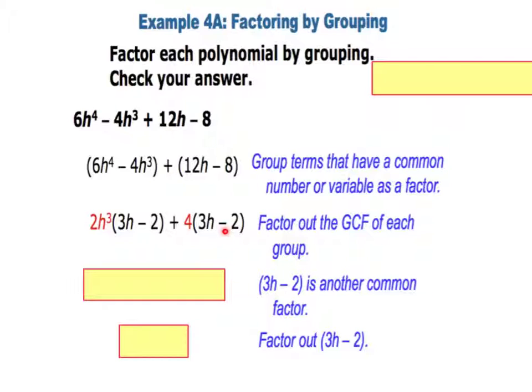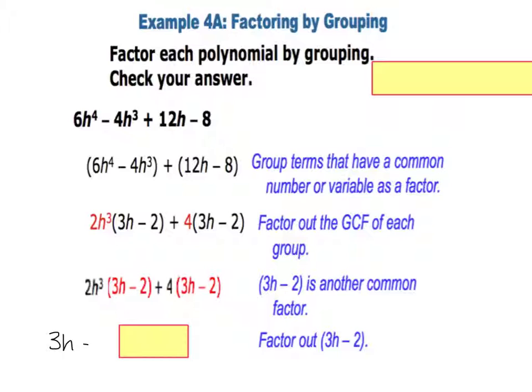Alright, so let me uncover this, and it shows it all highlighted. Here we see the common binomial factors. Now we're going to factor that out, which means I am going to pull out that 3h minus 2. So I'm going to pull that out, and then what is left? Well, let's think about this a second.